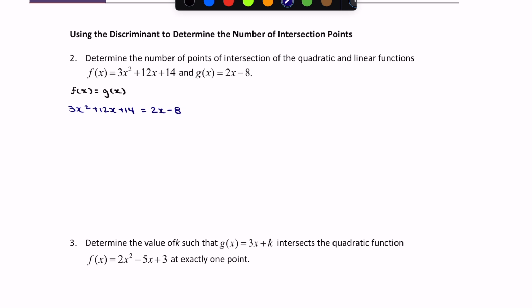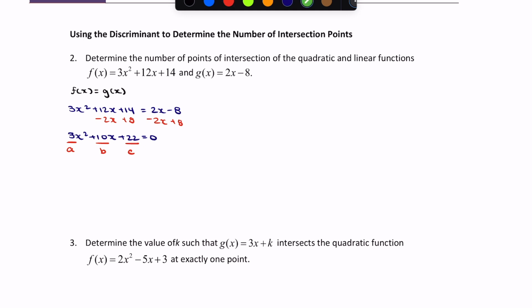Here we want to move everything again to one side. So we'll subtract 2x from both sides, and we'll add 8 to both sides. So we have 3x squared plus 10x plus 22 is equal to 0. In standard form, our 3 is our a value, 10 is our b value, and 22 is our c value.